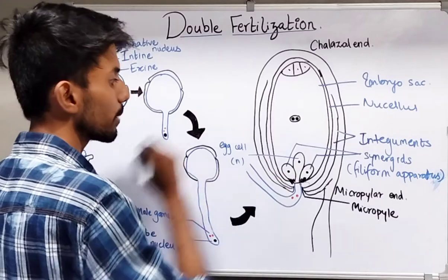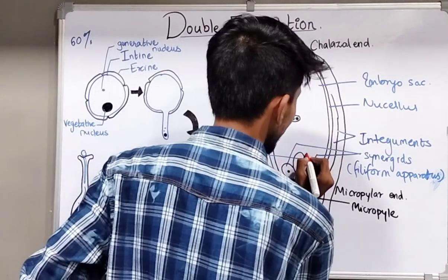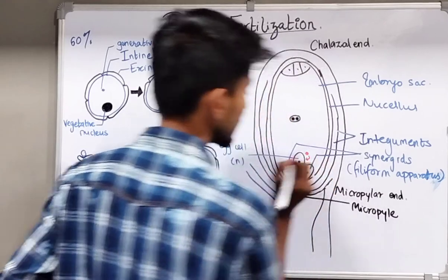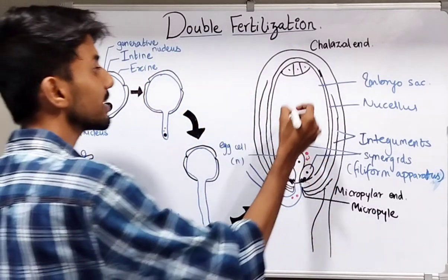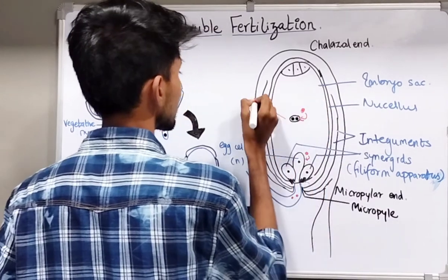Out of the two male gametes, one male gamete is going to fuse with the egg cell, and another male gamete is going to fuse with the secondary nucleus. This is the secondary nucleus.